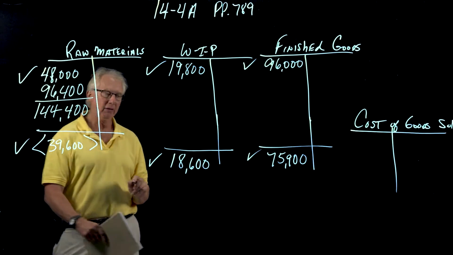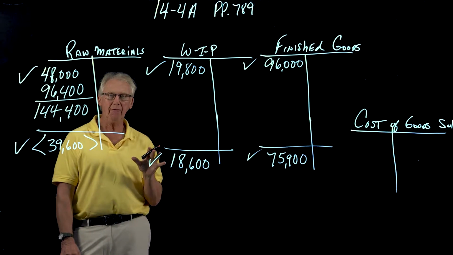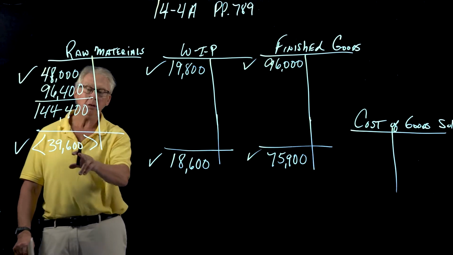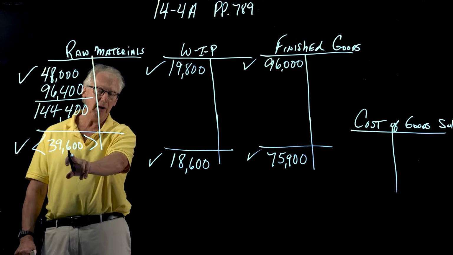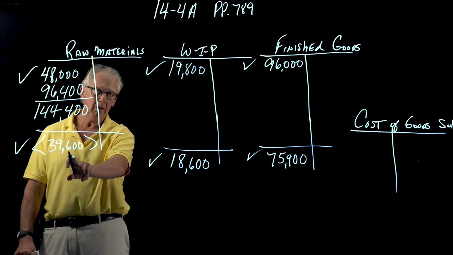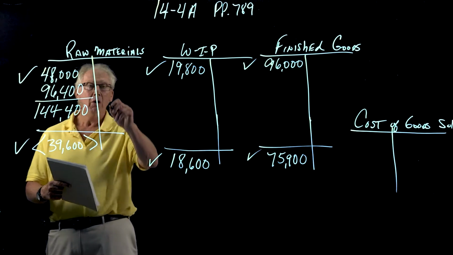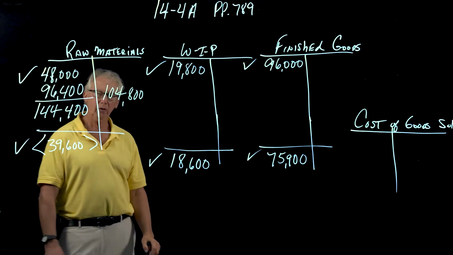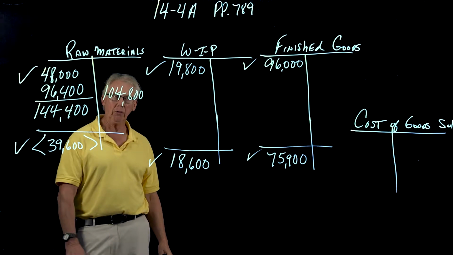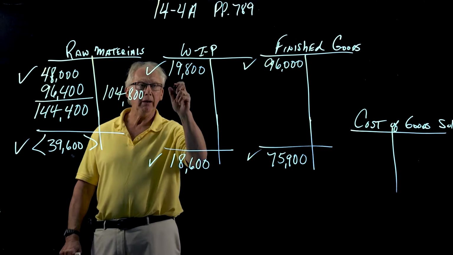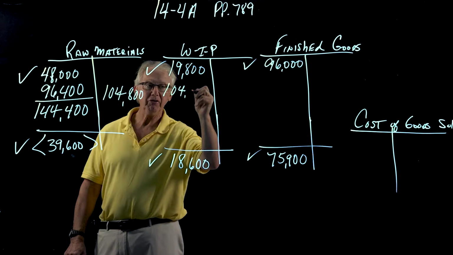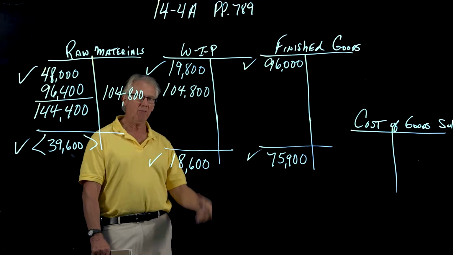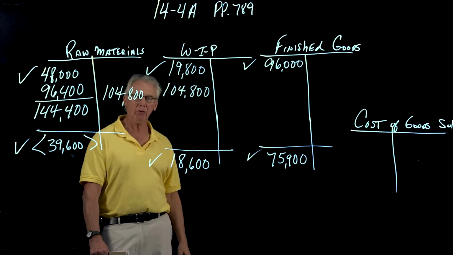And what that number is are the total raw materials available to use in this case. Well, if we have $39,600 of raw materials left over, then we must have used $104,800 of raw materials. Okay, so we credit the raw materials and we go right into work in process and we debit work in process for the $104,800. Okay, that takes care of one of our costs, direct materials.